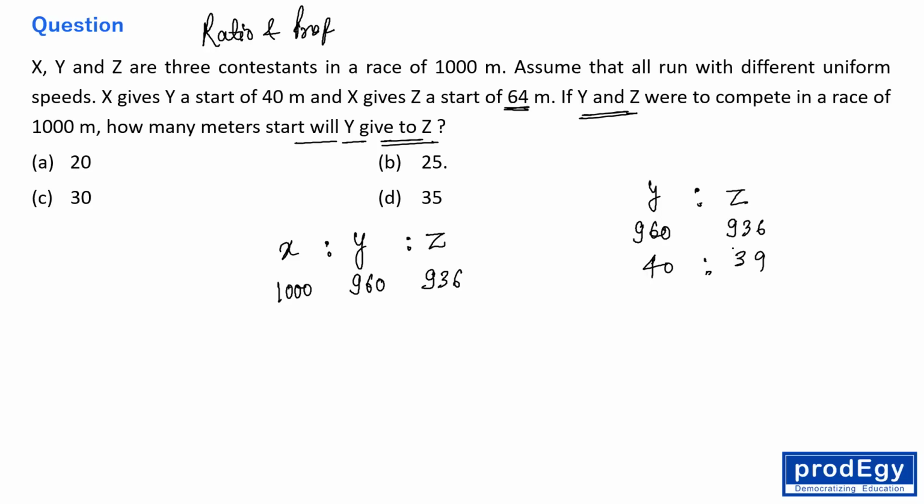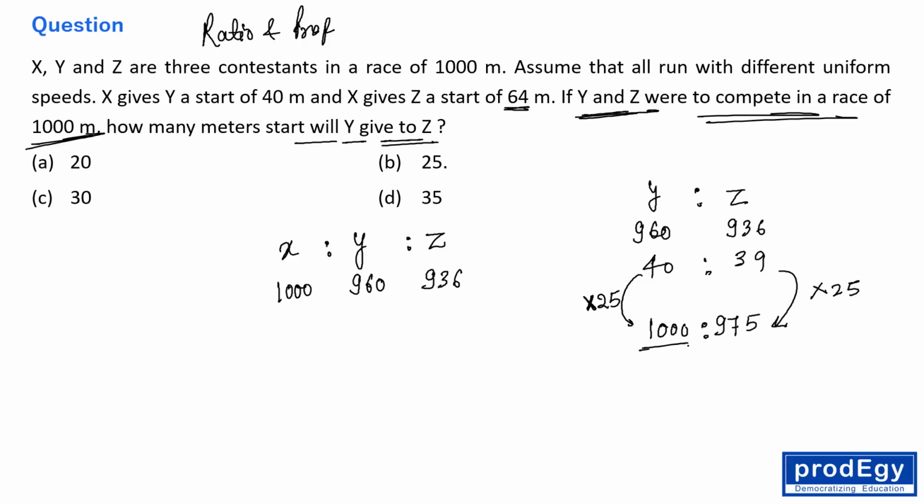The question is asking about a race of 1000 meters between Y and Z. To get to 1000 meters, this is the 25th multiple, so the 25th multiple will come. 25 into 39: 25 into 9 is 225, 25 into 3 is 75, 75 plus 22 is 975.